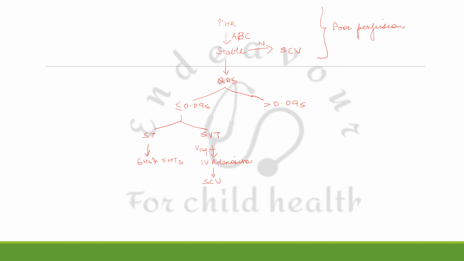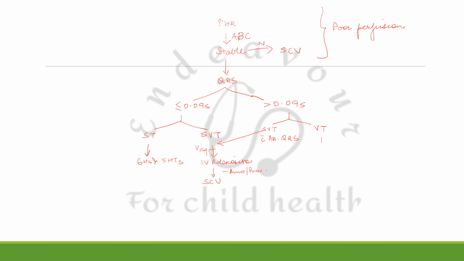If it is a tachycardia with a wide QRS complex, that is more than 0.09 seconds, again there are two possibilities. First is an aberrant SVT, that is SVT with aberrant QRS, and the other is a ventricular tachycardia. So if it is an SVT with aberrant QRS, you can consider IV amiodarone or procainamide.